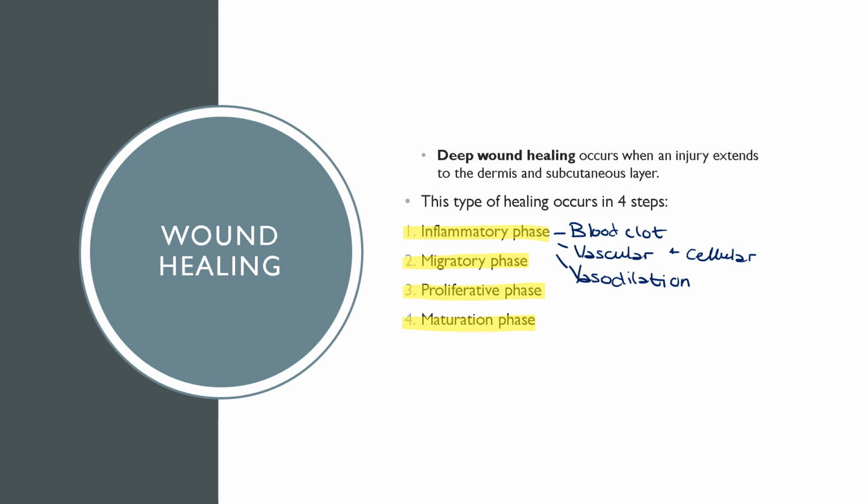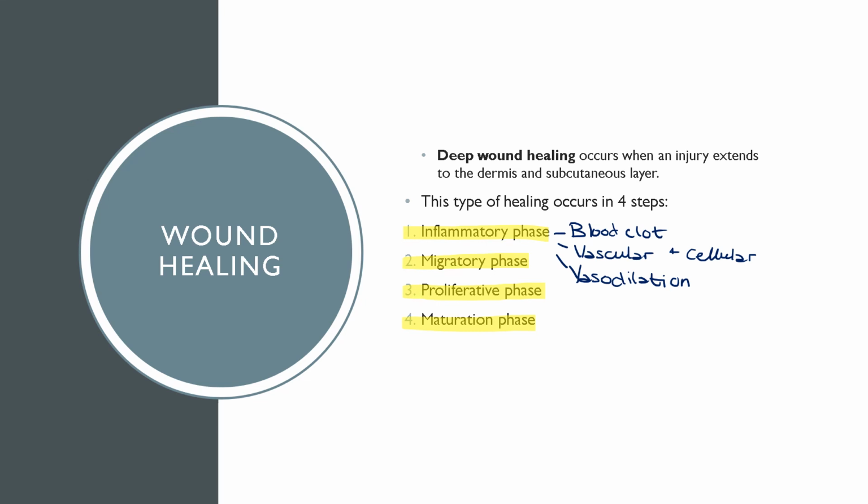So if we dilate or increase the diameter of blood vessels and increase that permeability of the blood vessels, this will allow helpful cells like phagocytic white blood cells called neutrophils and monocytes to go into the wound and essentially eat up a lot of this dead tissue, eat any bacteria that have come into the wound, and eat any microbes that could be potentially harmful.